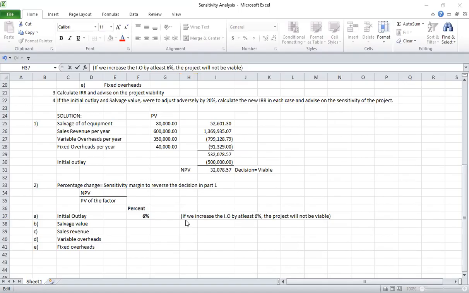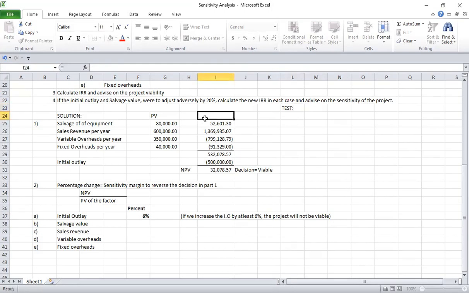All right, so we can actually test what we have said here. We can test that if we increase the initial outlay by at least 6%, then we'll say that the project is not viable. And so to test on this, I'll come here and say test.